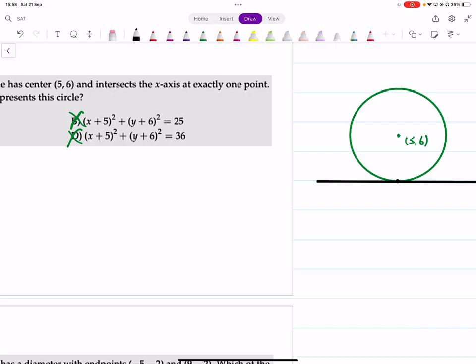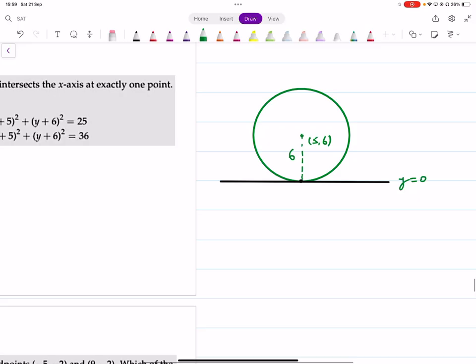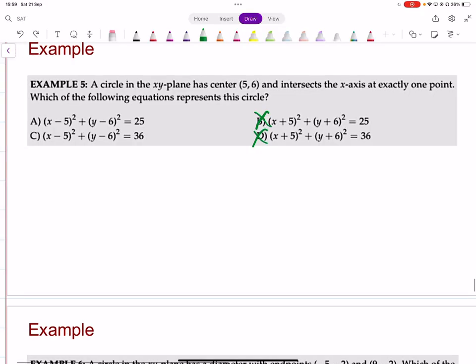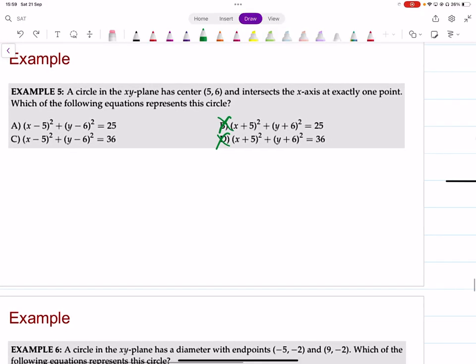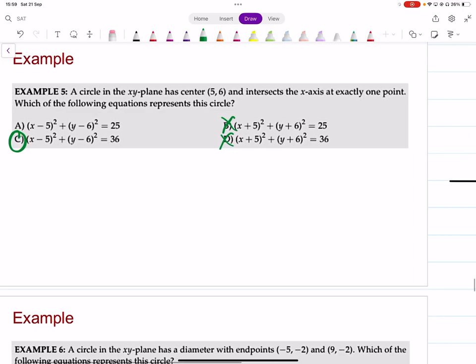Do we know the radius of the circle? 6. Because this length is going to be 6 units. X-axis is the y equals 0 line. Here the y coordinate is 6. So from 0 to 6, the radius becomes 6. So that means on the right side, we need 6 squared, which is 36. It should be this. Is that okay? No problems?